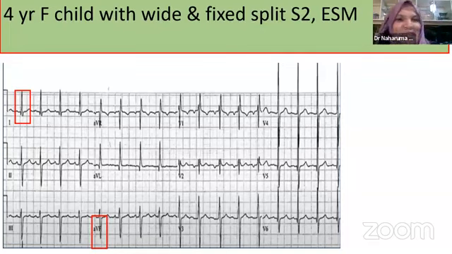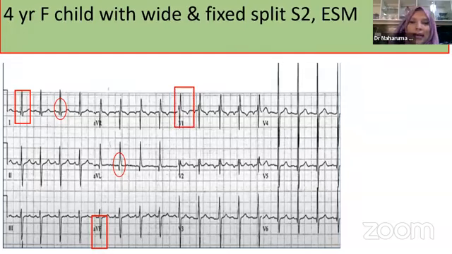Sorry, sir. I'm not so much expert in technical problem solution. Okay, a 4-year child with wide and fixed split and ejection systolic murmur. If we see this, lead 1 is positive and aVF is negative, so this is left axis. And if we see that a small Q wave is present in lead 1 and aVL, we know that presence of Q wave in lead 1 and aVL determines the counterclockwise loop.